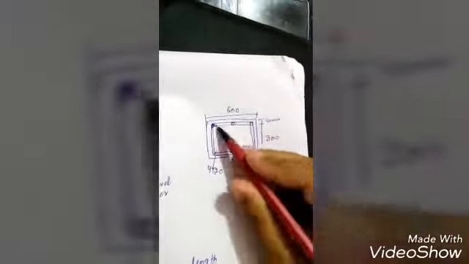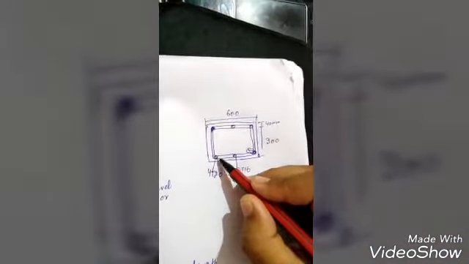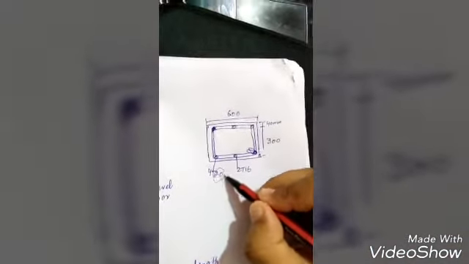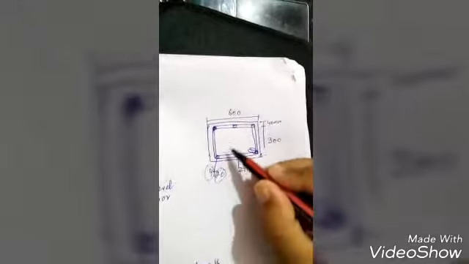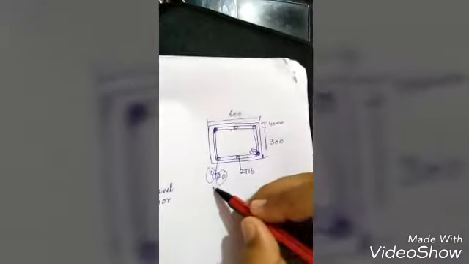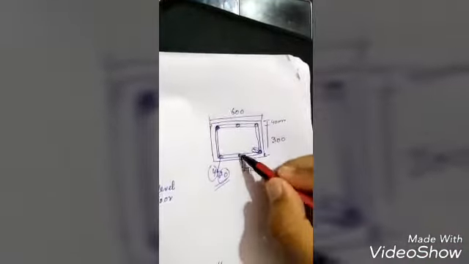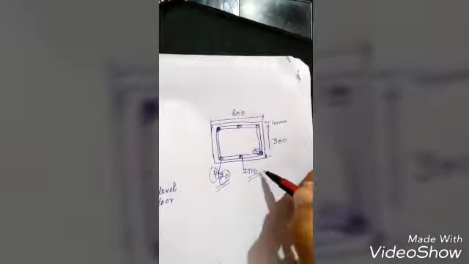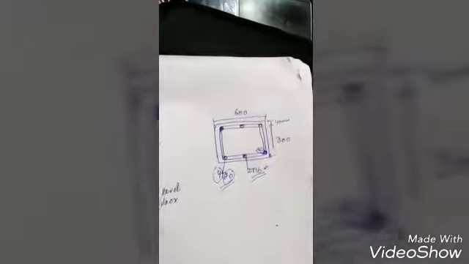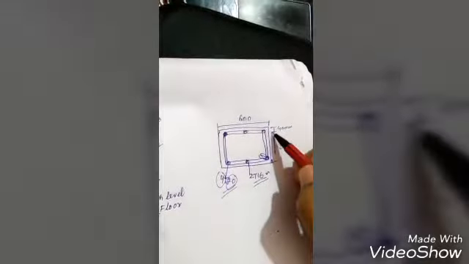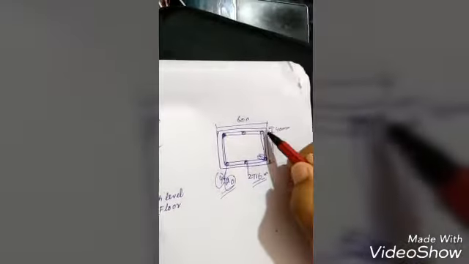Bars 1, 2, 3, 4 have a diameter of 20 mm, and the middle 2 bars have a diameter of 16 mm. So you know the cover is 40 mm on both sides.